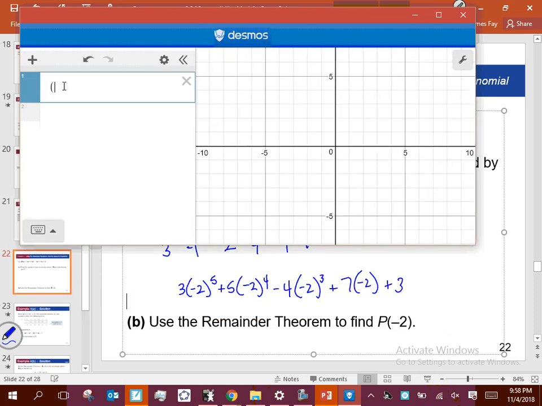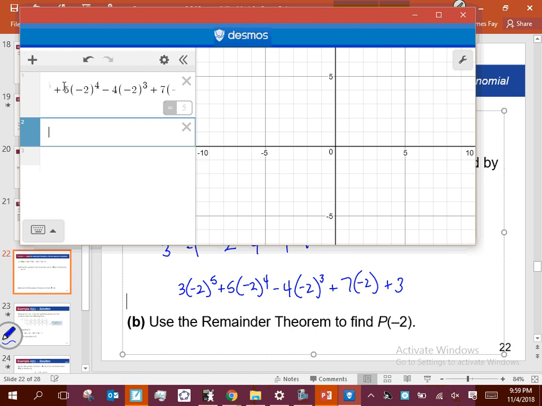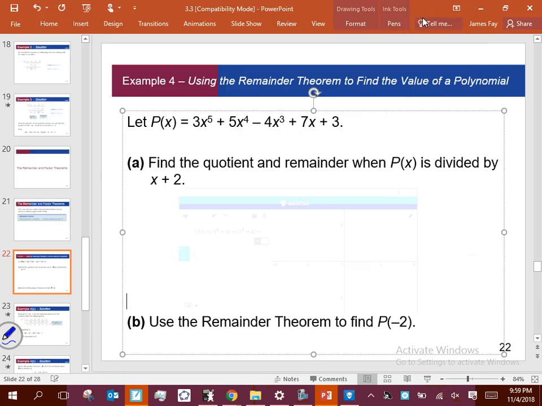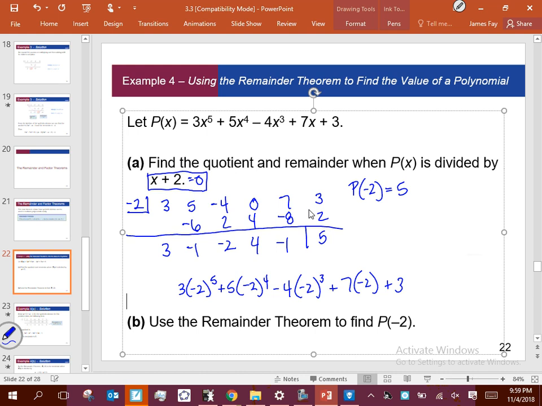All right, so we have 3 times negative 2 to the fifth, plus 5 times negative 2 to the fourth, minus 4 times negative 2 cubed, plus 7 times negative 2 plus 3. What do you see we get? We get 5 back. Exactly the same thing that the remainder theorem tells us.